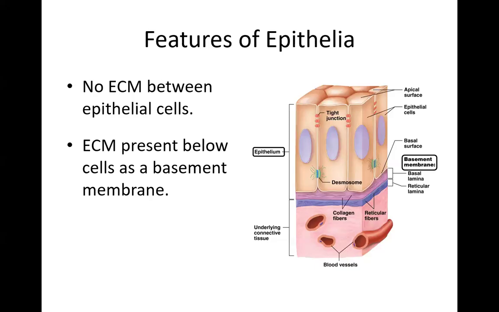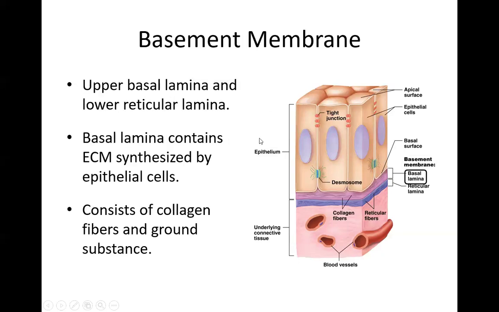But in the rest of the body, the extracellular matrix is usually beneath and between the tissue cells. So the basement membrane has an upper basal lamina and a lower reticular lamina. The basal lamina contains extracellular matrix that is synthesized by the epithelial cells.